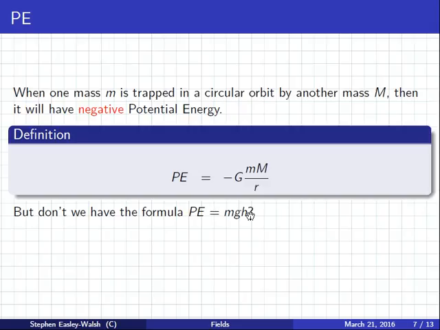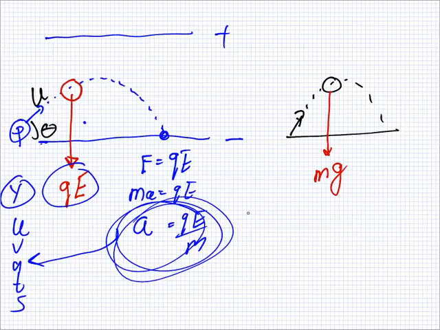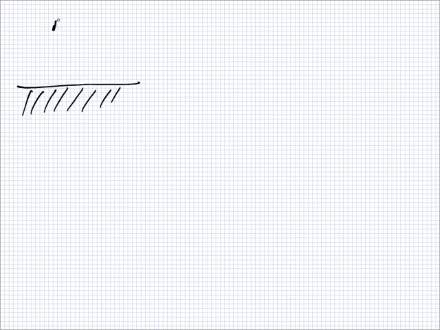But I want to prove that these two are the same formula. Watch this. Yes, it's great proof. Okay, so let's start here. Here's the ground, and here is the mass here.